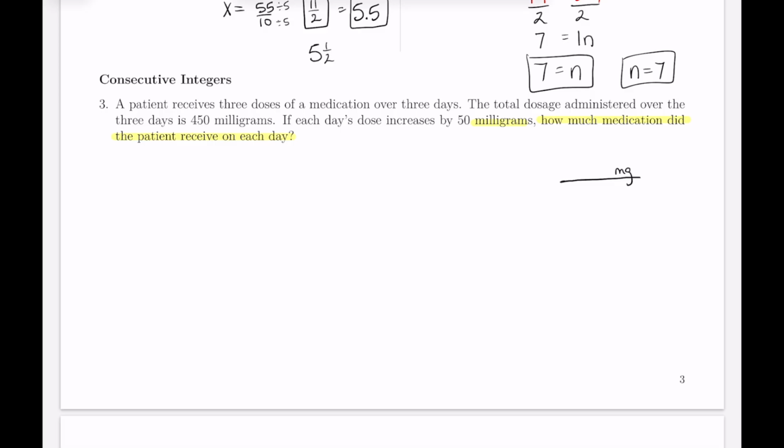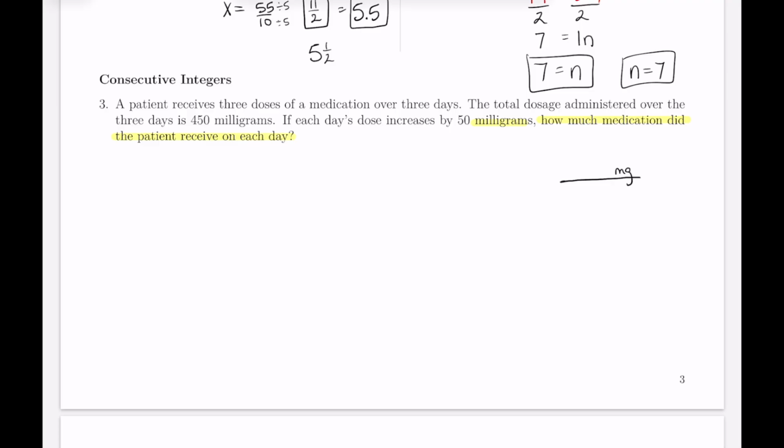Maybe it'll be like 50 milligrams of medication. I don't know, but I do know that I want an answer that makes sense. If I get an answer like negative 43 milligrams of medication, I probably did something wrong. If I get an answer like 10 billion milligrams of medication, again, I probably did something wrong. I'd want to go back and revisit that.